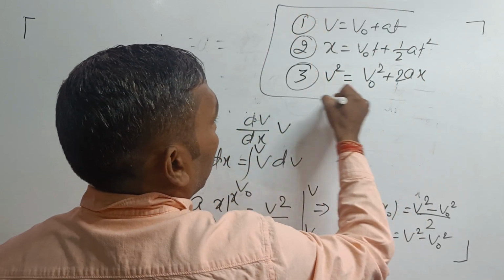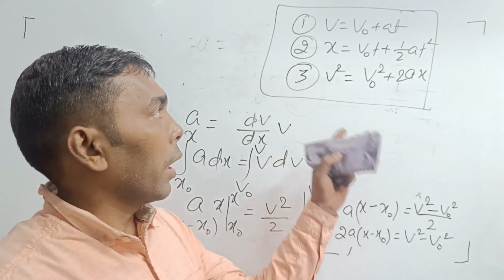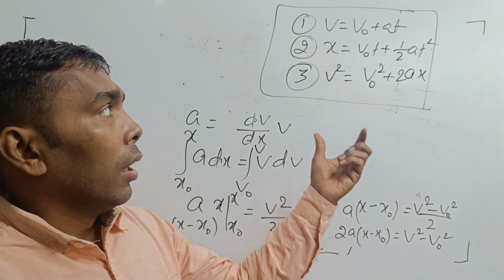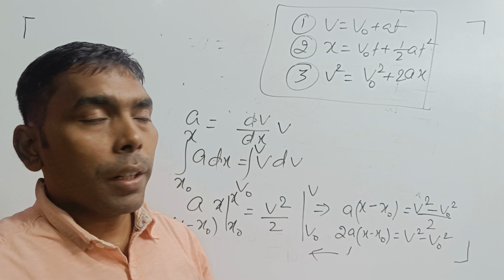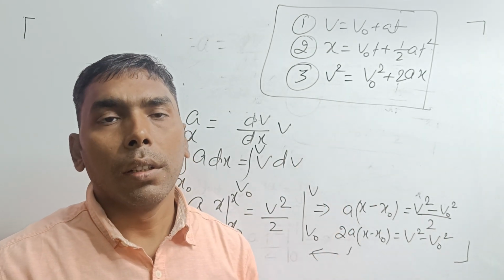This is the final three kinematic equations of uniformly accelerated motion. You should remember it, and I derived these formulas by using the calculus method. Thank you.